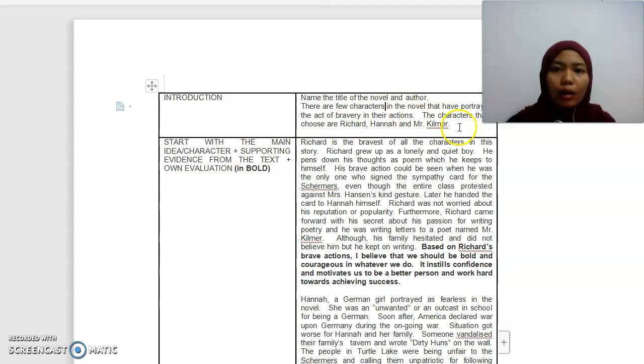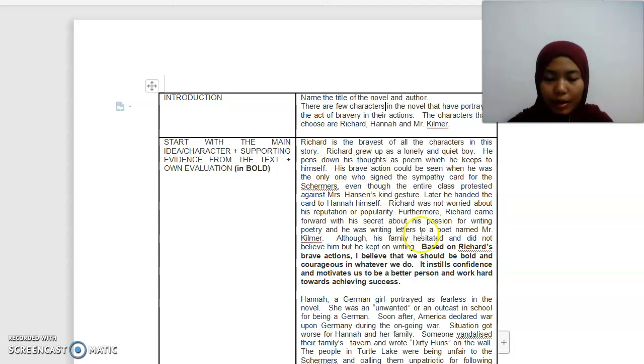So, for the next paragraph, you have to start with the main idea, a character, or perhaps your own evaluation, and then you put in your example. So in this particular example, the author put his or her evaluation at the end of the paragraph.